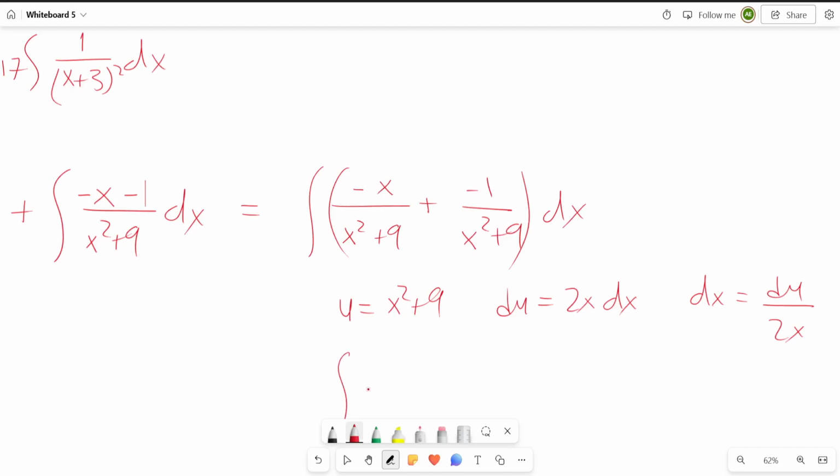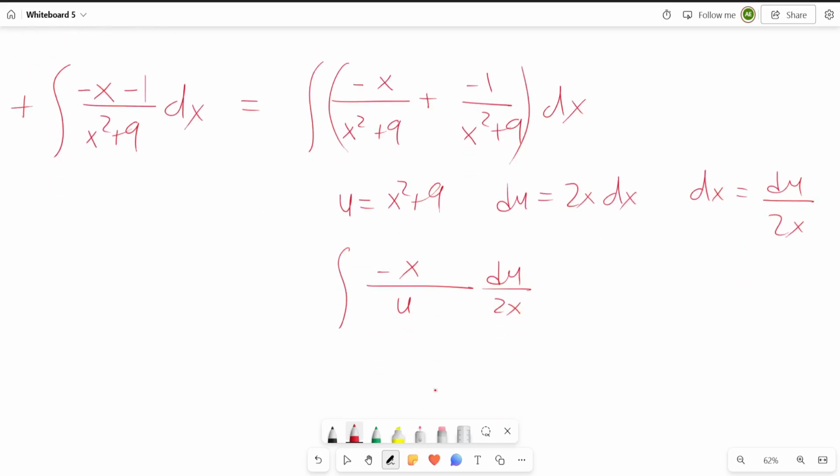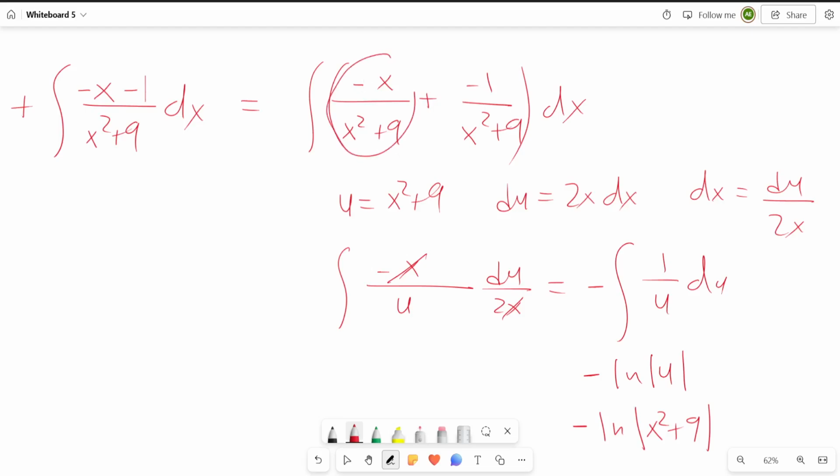So it's going to be the integration of minus x over u, and instead of dx it's going to be du over 2x. And I can see straight away that x and x will cancel, so this is going to be minus the integral of 1 over u du, which is basically minus ln of u. So it's minus ln, I will substitute back u as x squared plus 9. So this is the integration of this term over here.